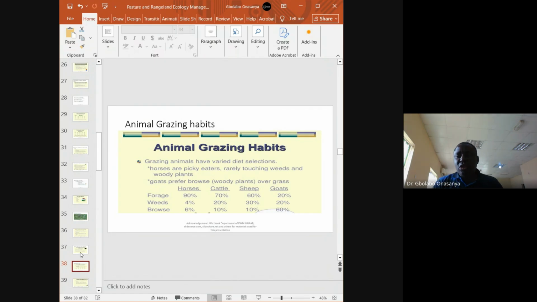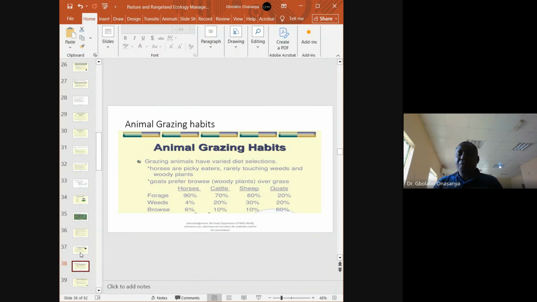Now we want to speak to grazing habit. Different animals have different grazing habits. Grazing habit is different from one animal to another. The way a goat grazes is different from the way sheep graze, different from the way cow or horse graze.